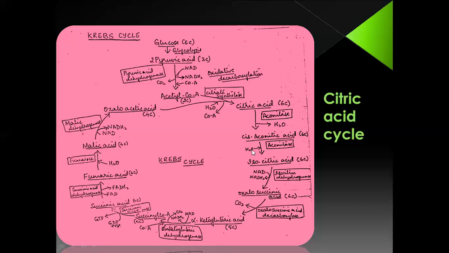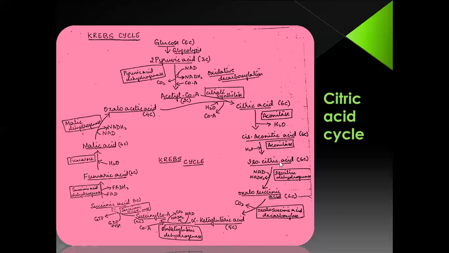See here, the arrow mark is directed inward, and this is the outward arrow. The outward arrow always indicates the removal, and the inward arrow indicates the addition of water. So this is aconitic acid, and in the presence of the same enzyme, aconitase, it gains a water molecule, resulting in the formation of isocitric acid, which is an isomer of citric acid.